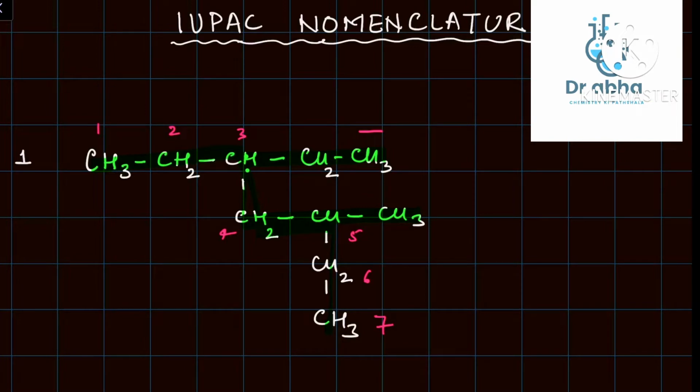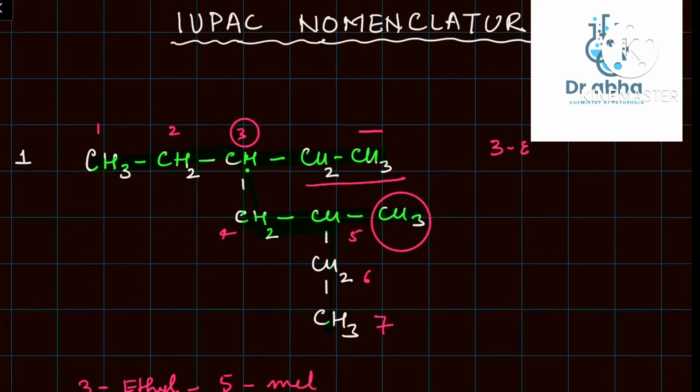So if you take this 7 chain, on 3 we have ethyl. I'll write at the bottom, guys. On 3 we have ethyl. देख रहे हो आप, 3 पे ethyl लगा हुआ है. On 5 we have methyl. और चेन कौन सी है? 7 कार्बन is heptane.